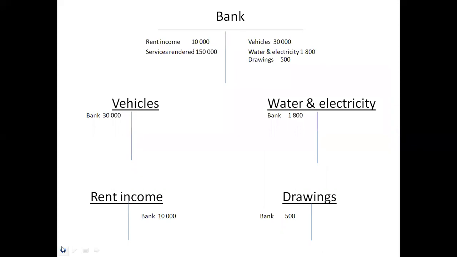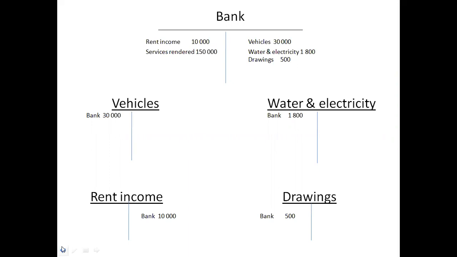Remember, I said bank is the strange one because it's having entries on both sides. So what you need to do with bank is add up the debit side. That means the 10,000 and 150,000. And then you need to subtract the credit side. So minus the 30,000, minus the 1,800, and minus the 500 Rand.